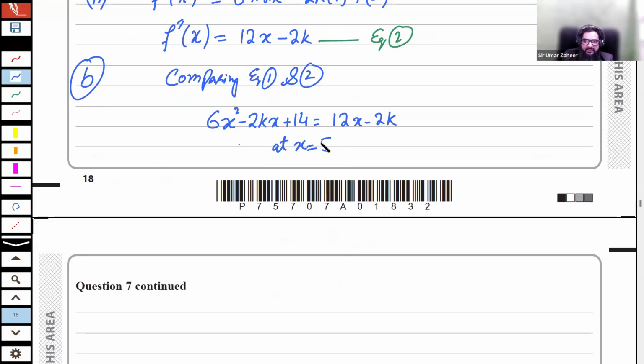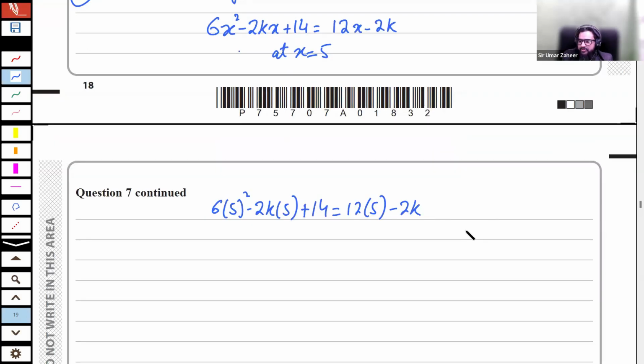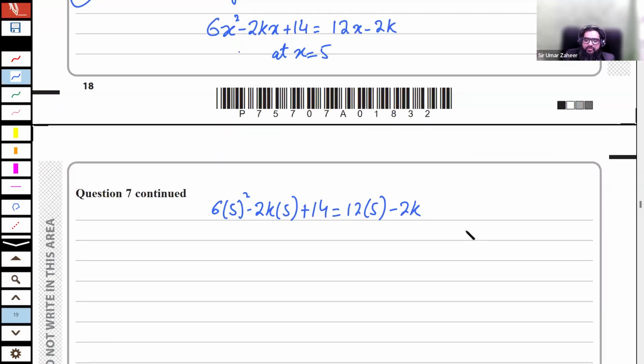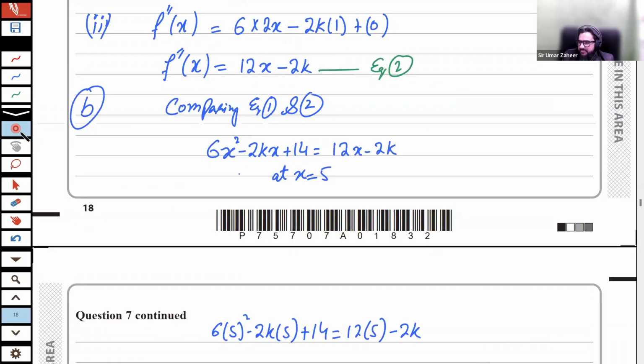Because they are intersecting, this point must satisfy the equations. So you will get 6 into 5 squared minus 2k into 5 plus 14k is equal to 12 into 5 minus 2k. Now look, my complete equation is converted in terms of k, and from here I just need to make k the subject.